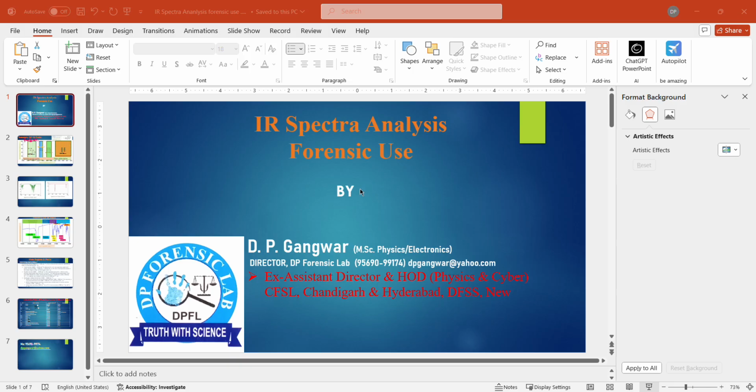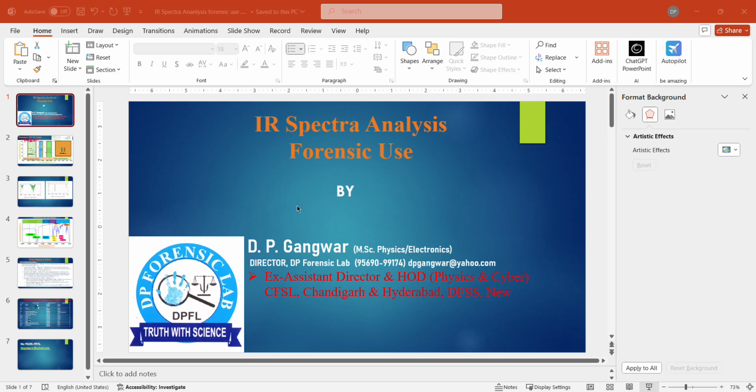So it is very important to know some details about the functional groups or IR spectra peaks. This can be very useful for comparison or identification of the material for forensic purposes.